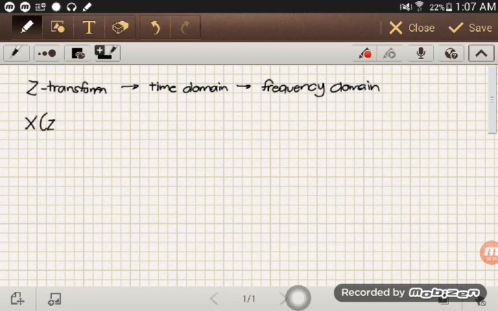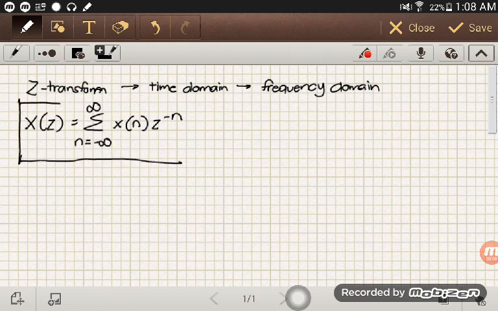X of Z, which is your Z transform of your signal, is equal to the summation of X of n, which is your original signal, times z to the negative n, wherein n is equal to negative infinity to positive infinity. So this is your basic formula for Z transform.